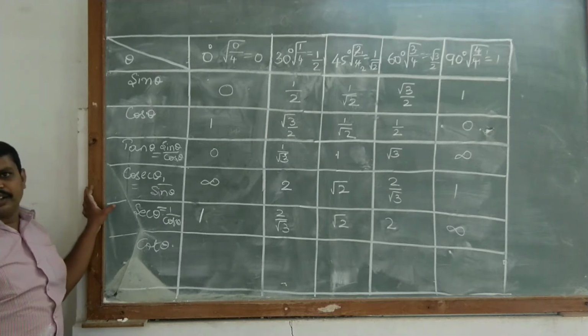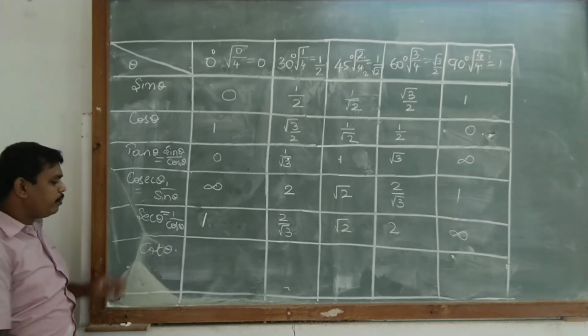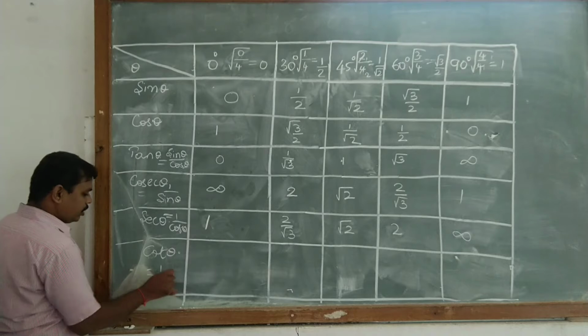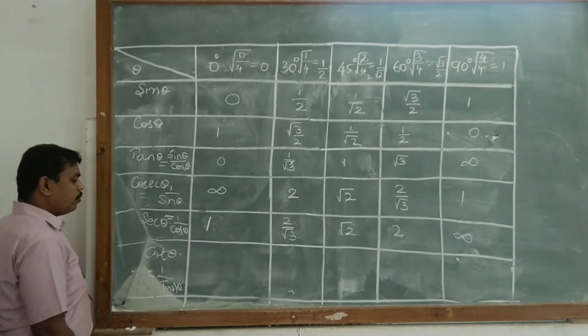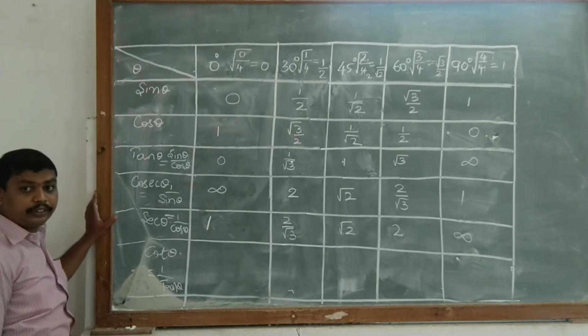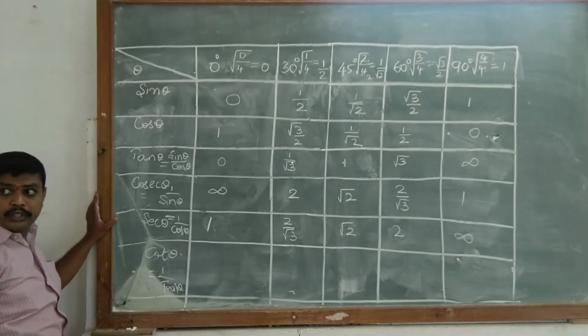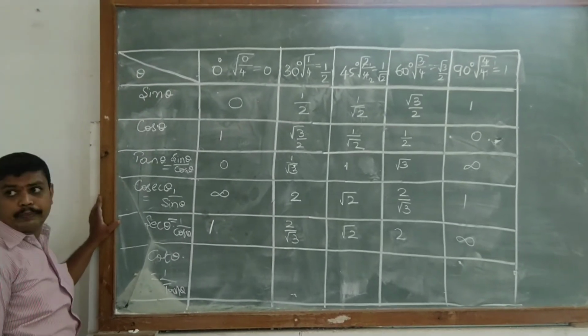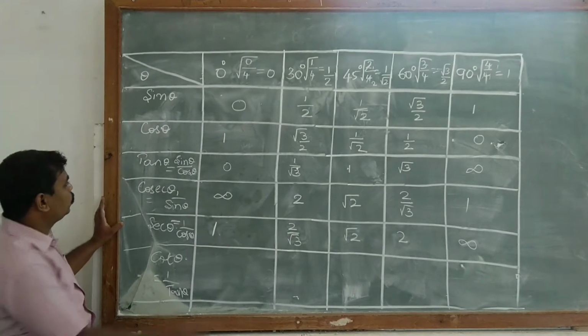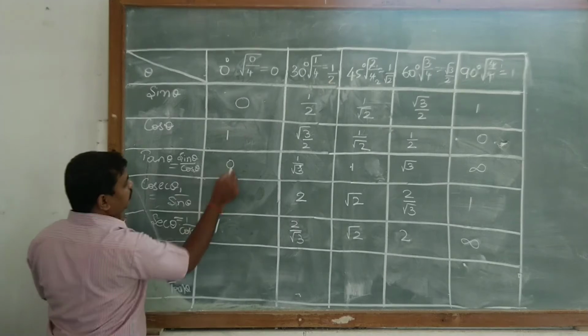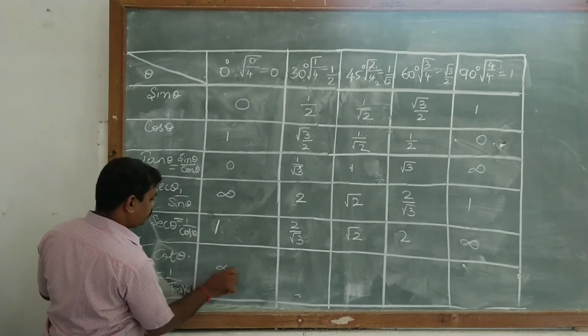Last, cot theta. What is cot theta means? It can be written as 1 by tan theta, or also you can write it as cos theta by sin theta. You can write it in two ways. Okay. So what is that one? 1 by tan theta means 1 by 0 is nothing but what? Infinity.